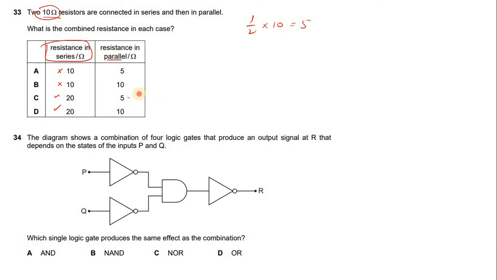So it will be 5. So option is C. Just as an example, instead of 10, if you take 4 ohm and 4 ohm in parallel, the combined resistance of the two 4 ohm resistors will be 2 ohm. Half of that. So option is C.